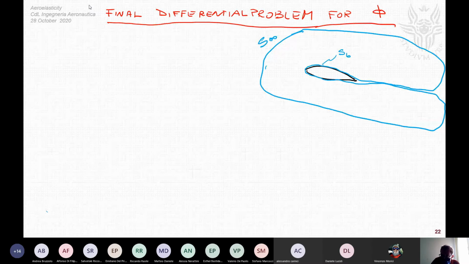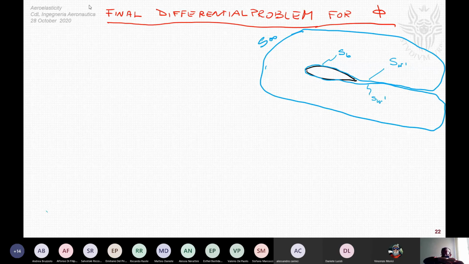And please, attention. At the beginning, we have S wake prime. S wake prime are two distinct surfaces, one upper and one lower. Look at my hand. This is S wake prime, but at the limit, since the discontinuity has 0 thickness, you can take this limit of the S wake 1 upper surface and the S wake 2 lower surface. At first this surface is a closed surface. Can you see the space inside here in my face? Yes.